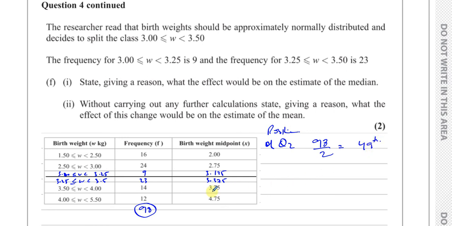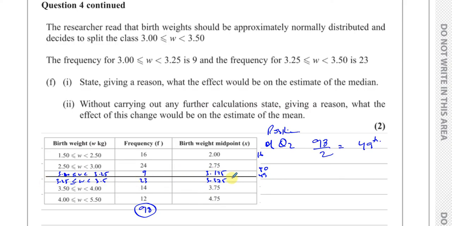Now, in which group is the 49th position? You've got 16 plus 24 plus 9. That's 16, that's 40, and if you add those together, that's 49. So it's going to be basically halfway between these two.